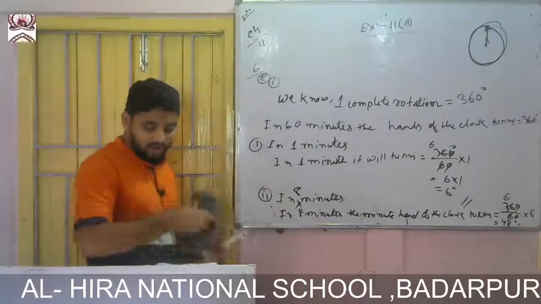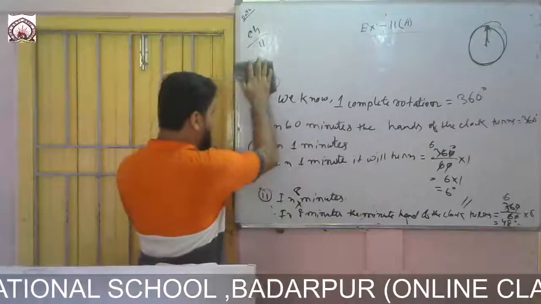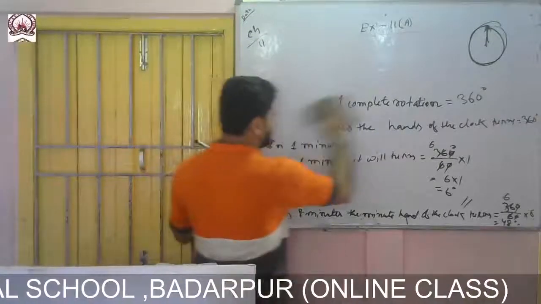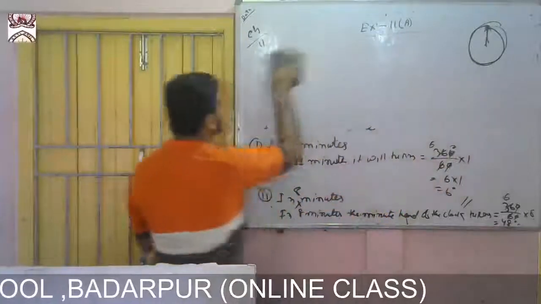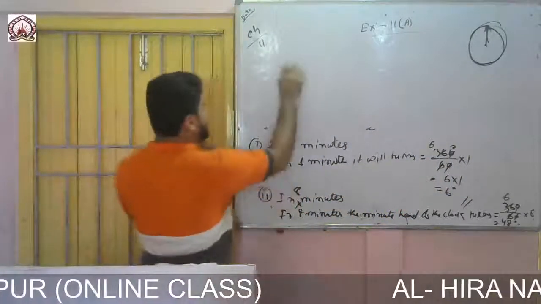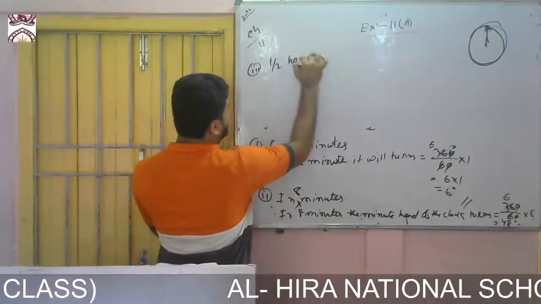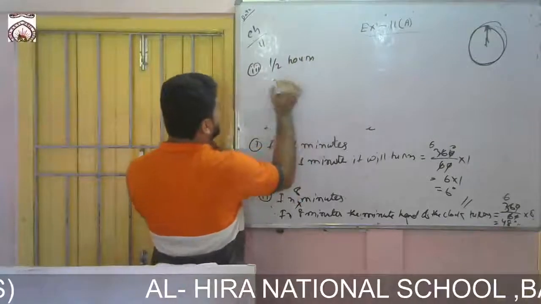Now come to question number 3, half hour. Half hour will be 30 minutes. So I can write question number 3, half hour.